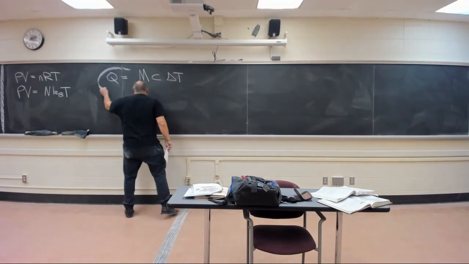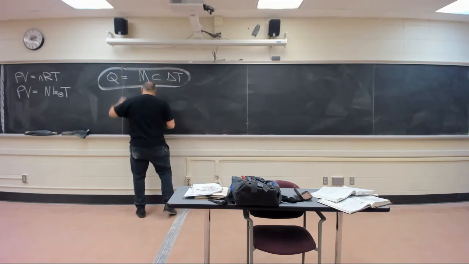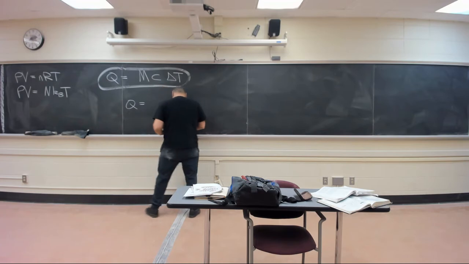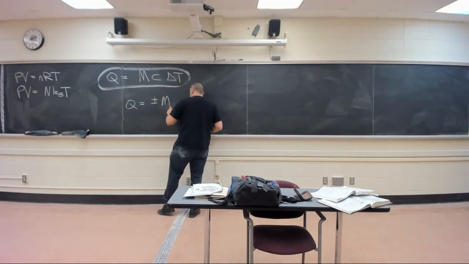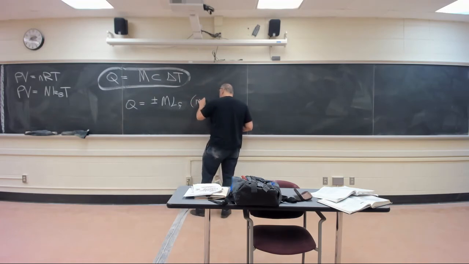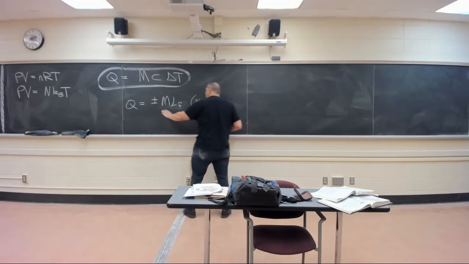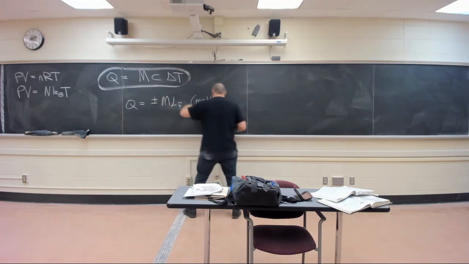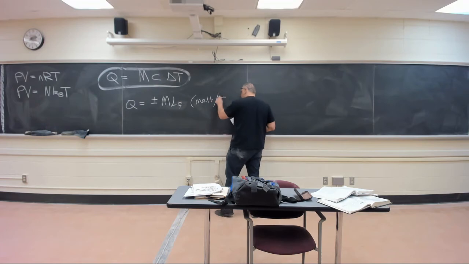If you are not changing temperature, but you're changing phase, then it's plus or minus mass times a constant. Well, the more massive something is, the harder it is to do something. If you want to melt it, it's got to be plus. You've got to put a positive amount in. If you want to freeze it, you've got to take away energy.